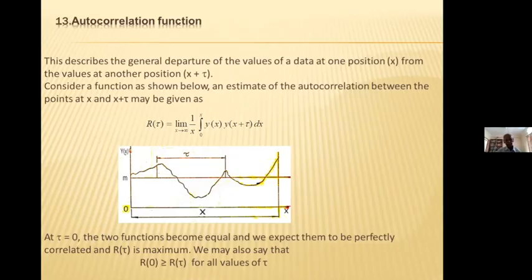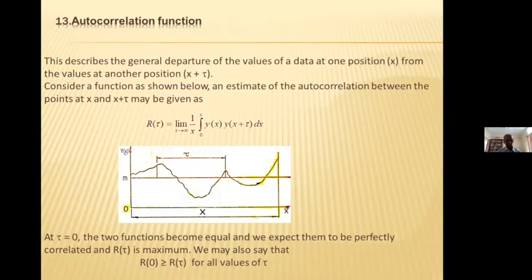That is a very broad sampling length. So R tau is the autocorrelation function. It's defined as limit x tends to infinity, 1 by x, integral 0 to x, y(x) into y(x plus tau) dx.